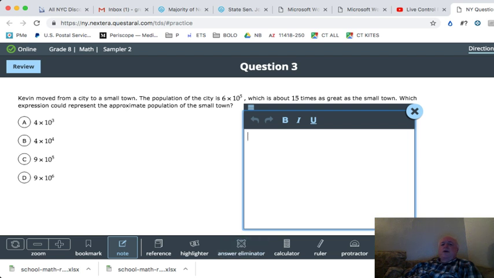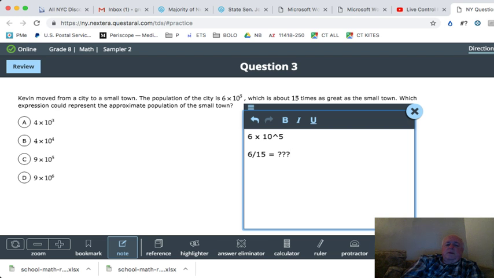So there's a few ways to do this. The straight up way is we have 6 times 10 to the 5. Again, I can't get exponents here, so I use shift 6, which is called a caret. So I have 10 caret 5. Make believe that's 10 to the 5th. And what we know is that this city is about 15 times as great as the small town. So it seems to me that if we take 6 and divide it by 15, we're going to get some value there.